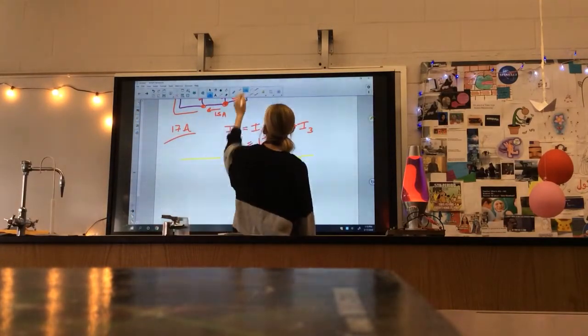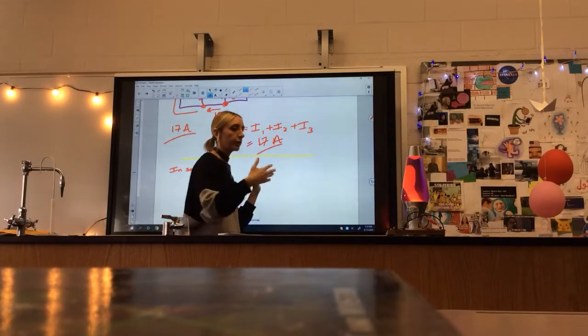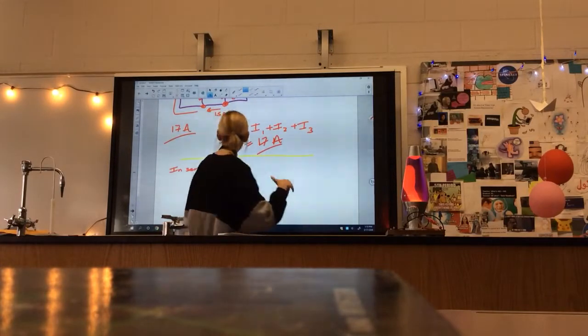In series circuits, we saw that adding more resistors increased the resistance and decreased the current. Right?